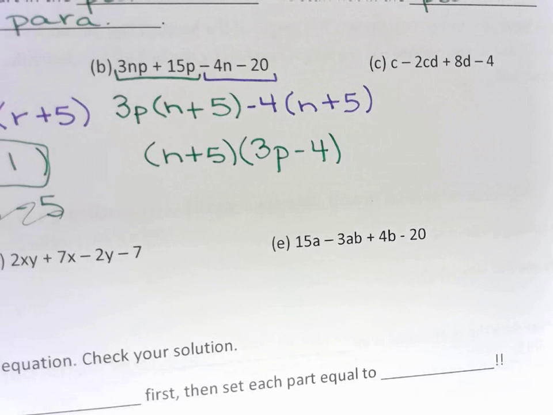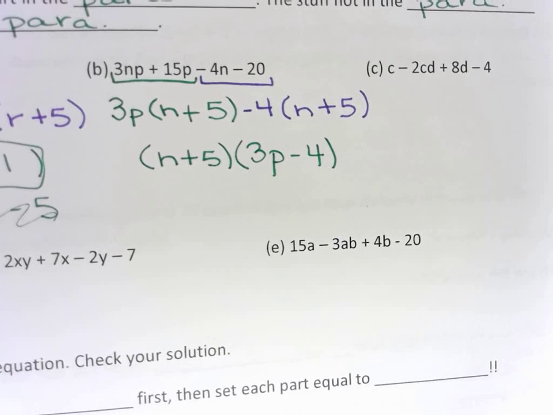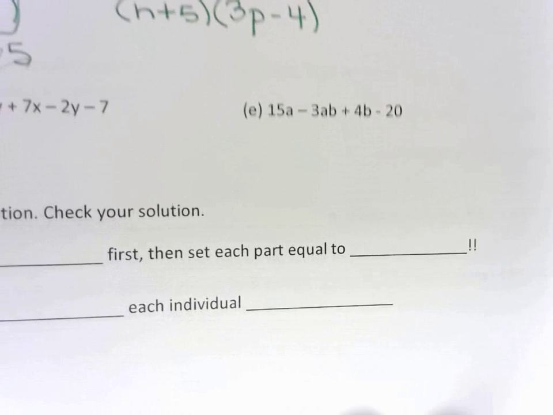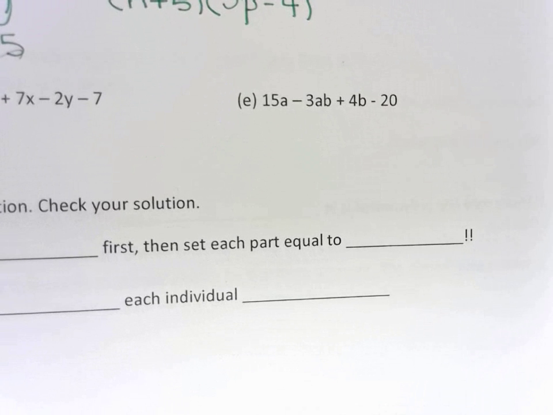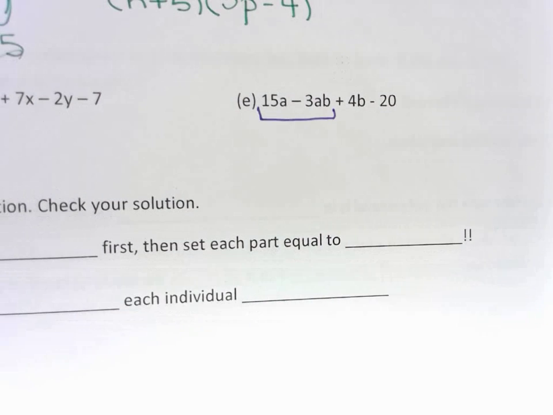Okay, let's go ahead and try one more, and then I'm going to have you try two on your own. Let's look at E real quick. If I look at E, we have 15a minus 3b.